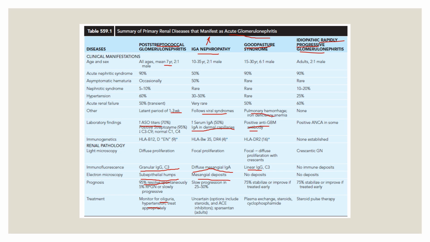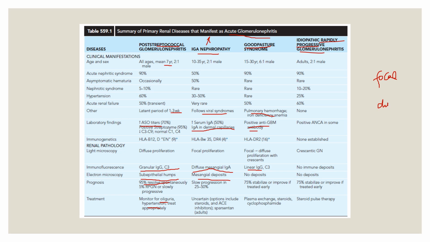So it can be diffuse proliferation of crescents. Initially it can be focal and then it goes into diffuse. So there is a difference between focal and diffuse. I'll show it in the upcoming slide, but I'll just make a point to say it here. What is focal? What is diffuse?